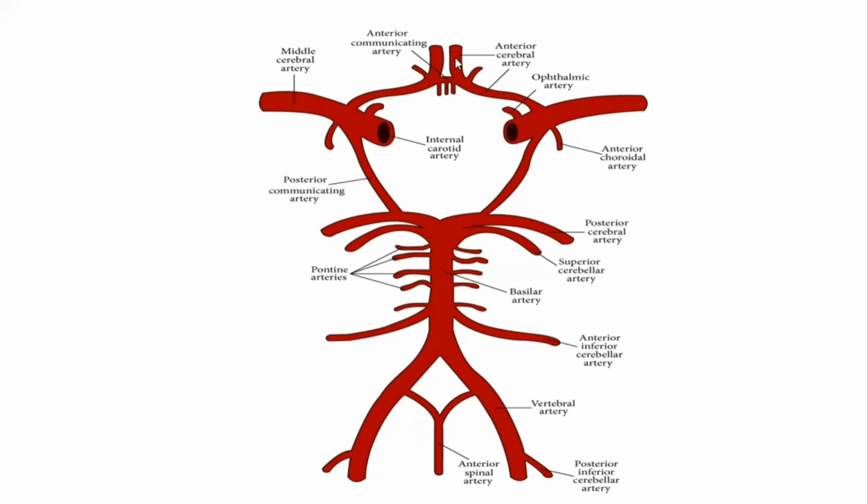Between the left and right anterior cerebral arteries, we have this small artery which connects them and makes them communicate. That's why it's called the anterior communicating artery. Remember, behind over here was the posterior communicating artery, and this one is the anterior communicating artery.